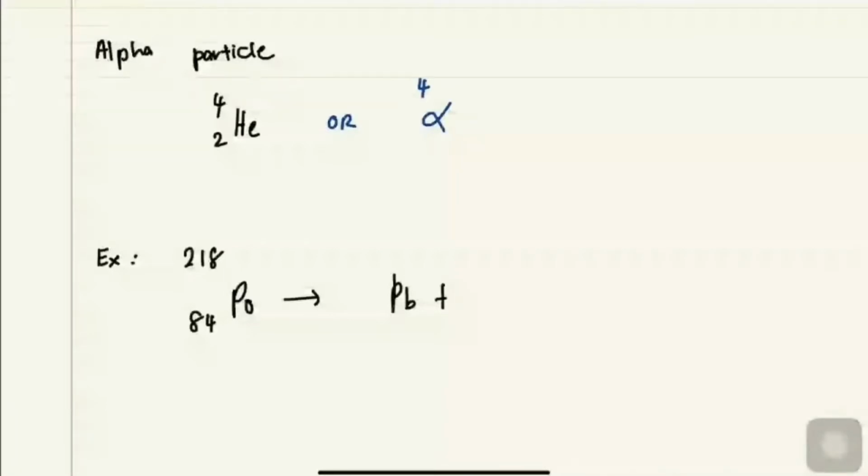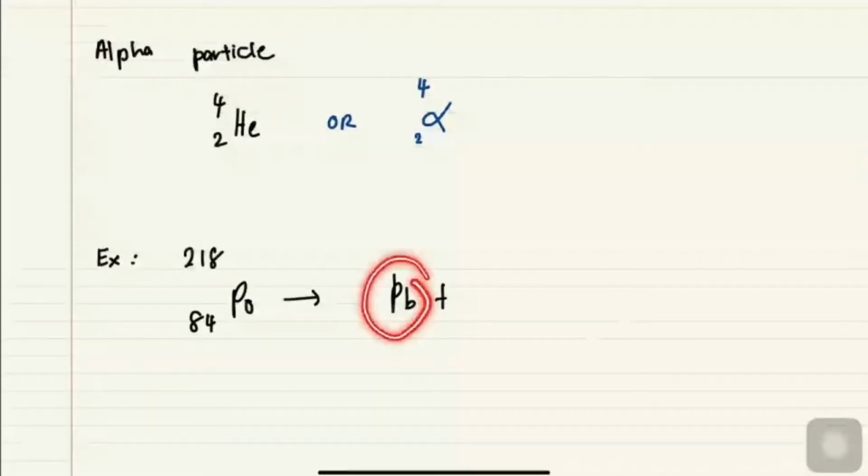So this one will be helium plus Q. After you put helium, you have to balance left and right. On the right hand side, you have 4 and 2. So basically the Pb you have to tally.